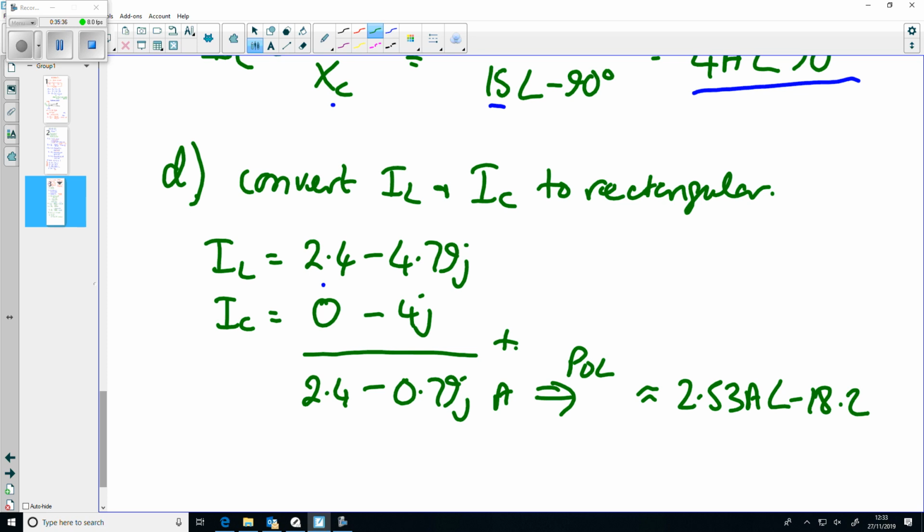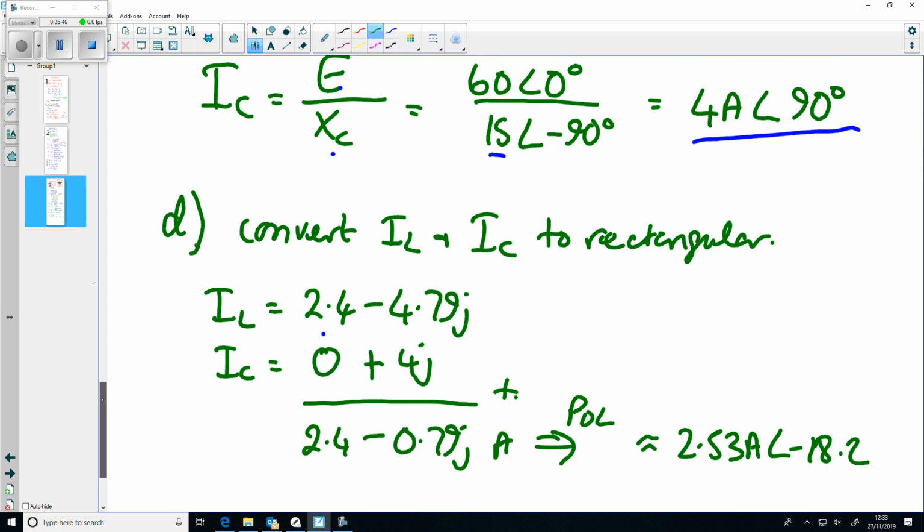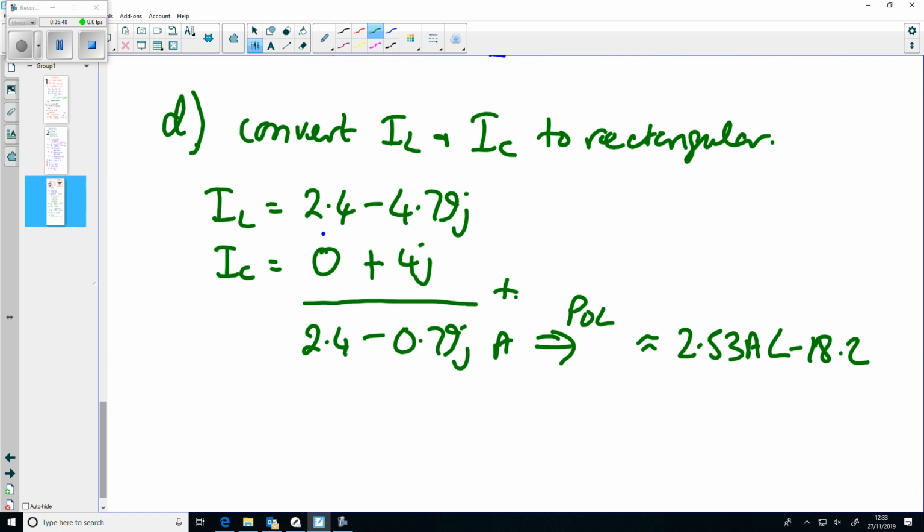Oh no, wait, that's the current. That is plus 4. Capacitive current, yeah, positive angle. Add those together, we come up with 2.4 minus 0.79j amps.